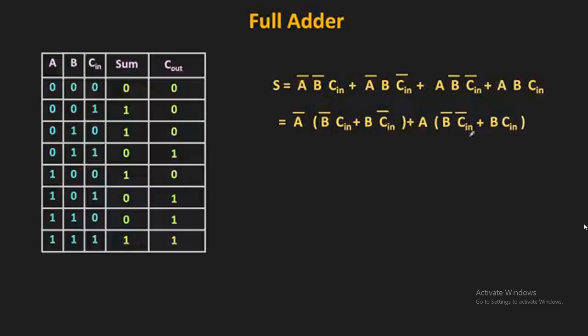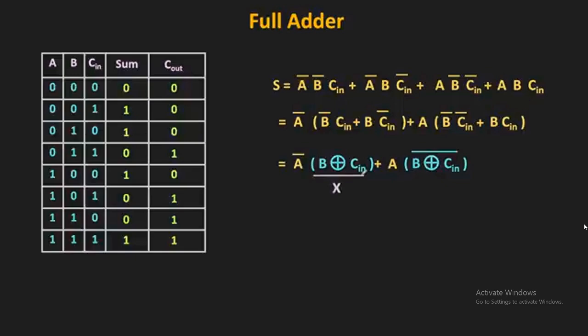Similarly, in the last two terms, if we take A as common, then in the bracket we will be having B bar C in bar plus B C in, and it will be equal to B XOR C in, or it is equal to B XOR C in the whole bar. That means we can write the expression as A bar in the bracket B XOR C in plus A dot B XOR C in the whole bar.